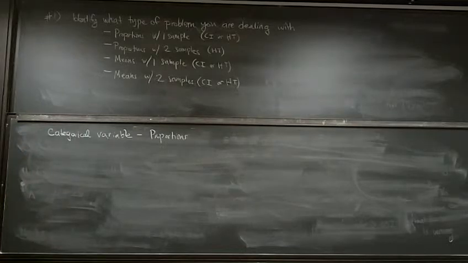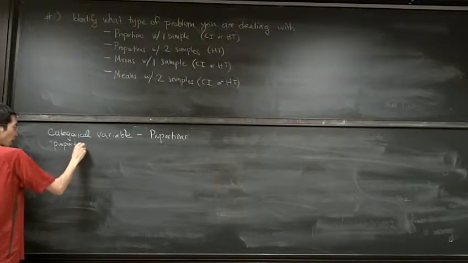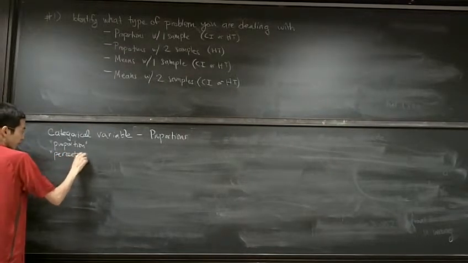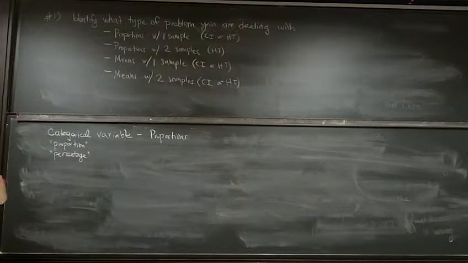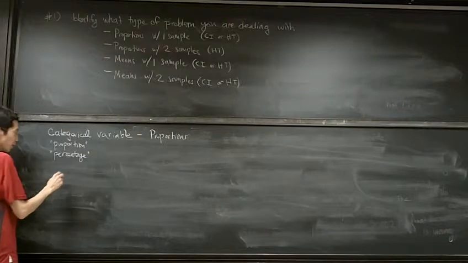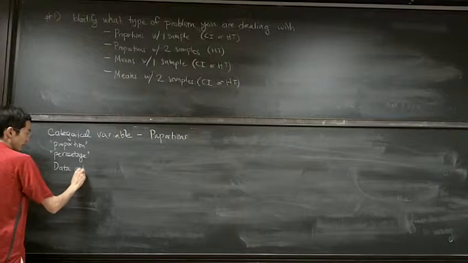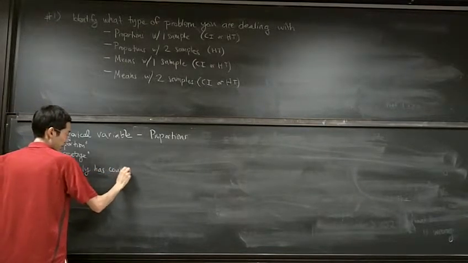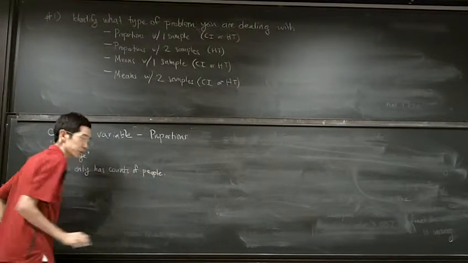Other key things: as you're reading, if you see proportion or percentage, 99% of the time you're dealing with proportions. If your data only has counts, counts of people or items, then you're dealing with proportions.